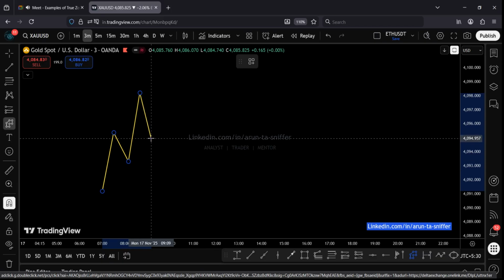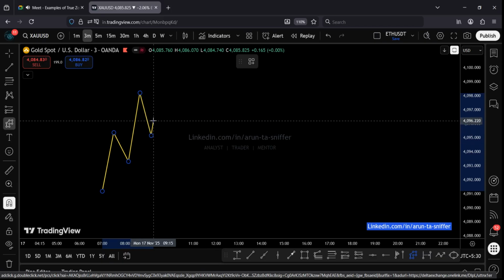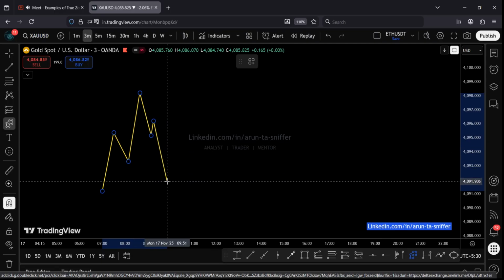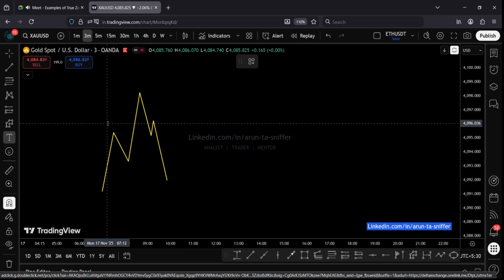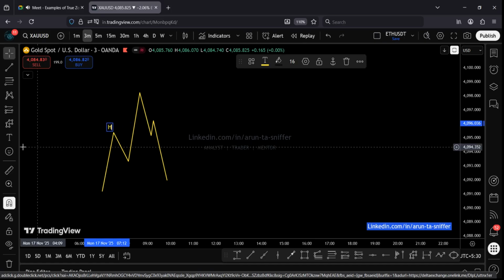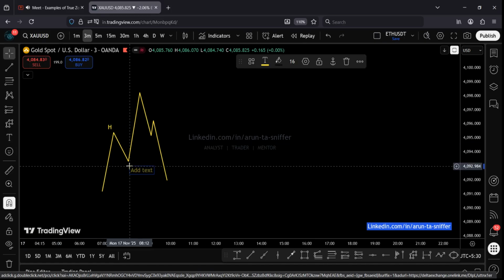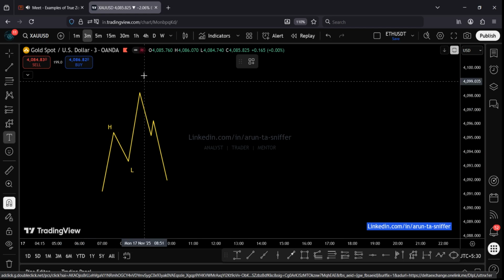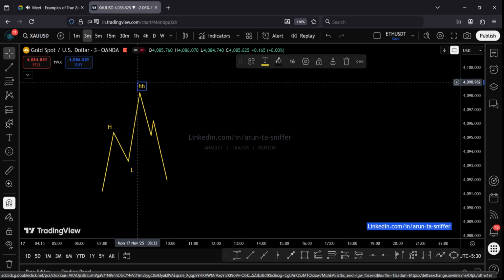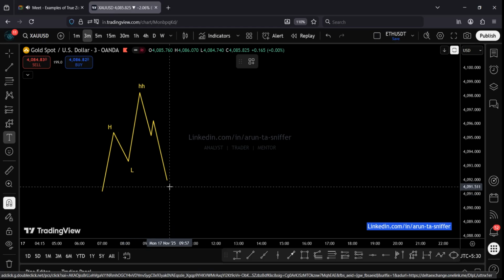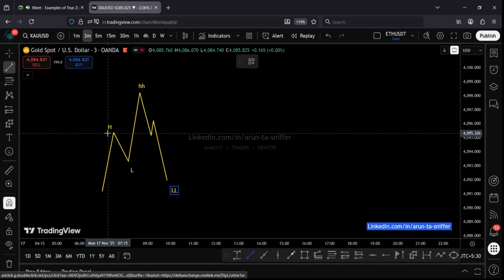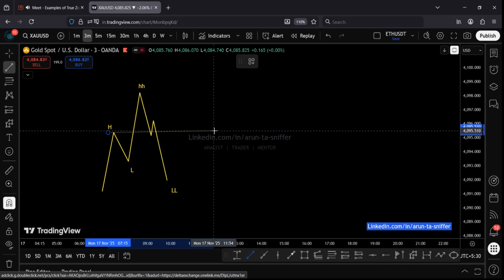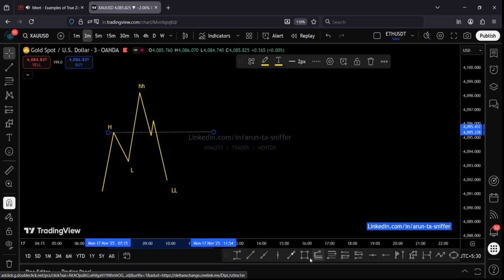During this process, this creates an LSK. This is high, low, higher high, lower low. And this is LSK.